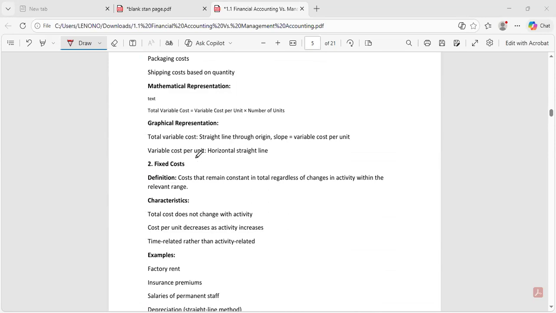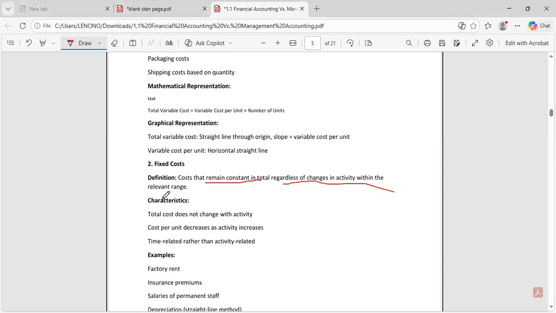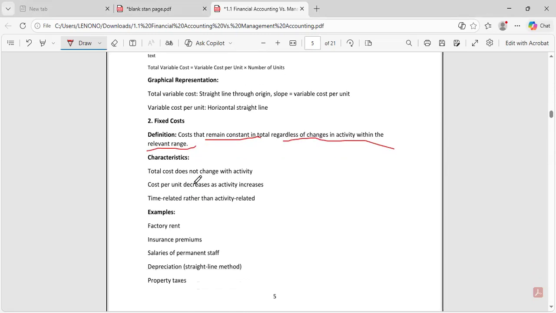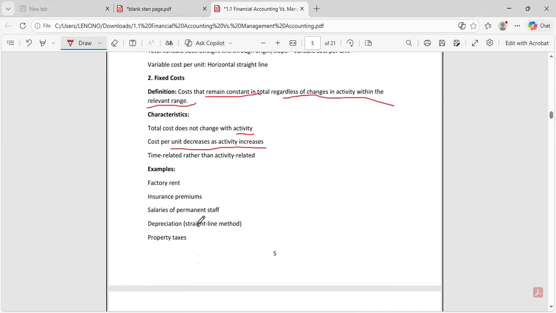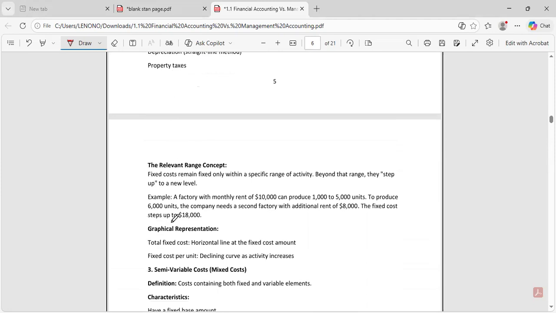Fixed costs are costs that remain constant in total, regardless of changes in activity within the relevant range. So cost does not change with activity, it remains constant. Cost per unit decreases as activity increases. Then we have examples such as factory rent, insurance premium, salaries, and whatnot.